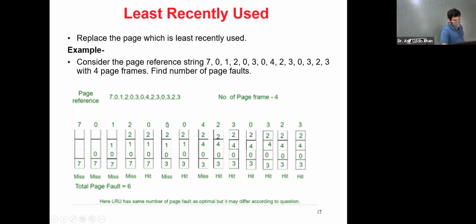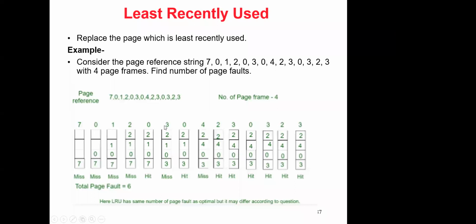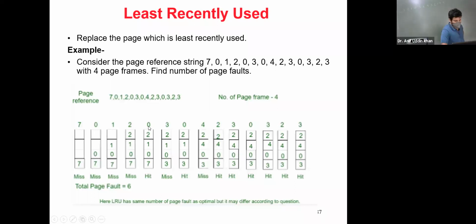Staying at this point, among these pages 2, 1, 0 and 7, which is far away from this point? 7, sir. You see 0 is here, 2 is also here, 1 is also here, 7 is very far away. Yes or no? 7 is very far away.